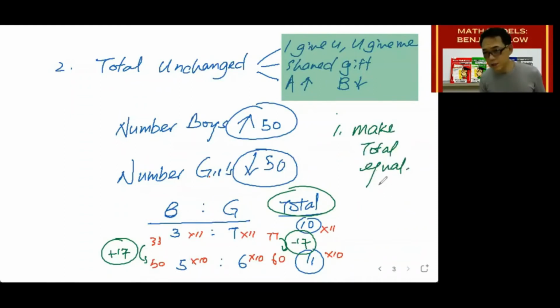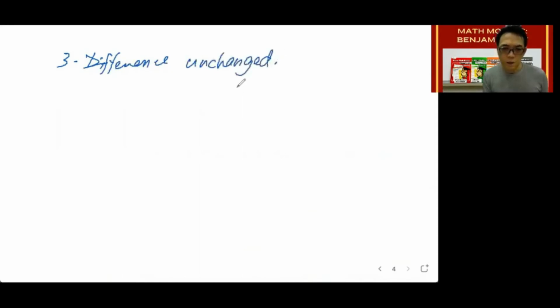Now we go to the third type of ratio question. The third type of ratio question is what we call the difference unchanged ratio questions. In the difference unchanged ratio questions, there are also three types.